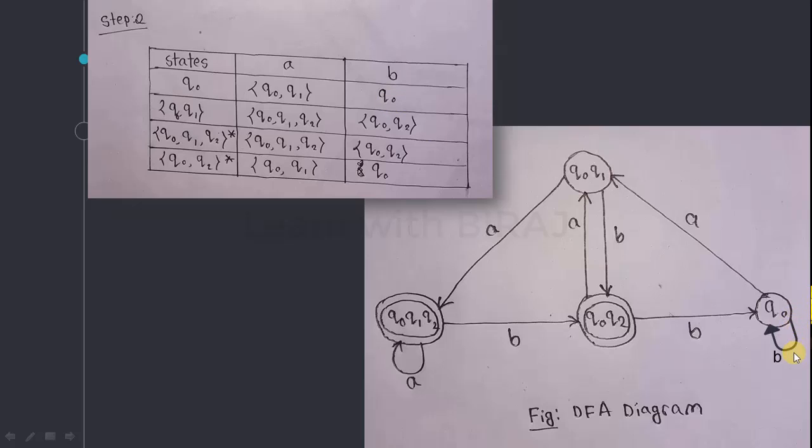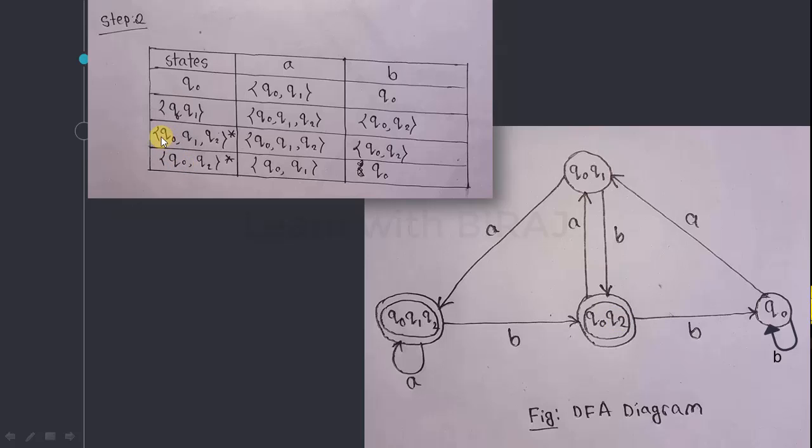And the next state Q0, Q1 with A input goes to Q0, Q1, Q2, and with B input it goes to Q0, Q2.